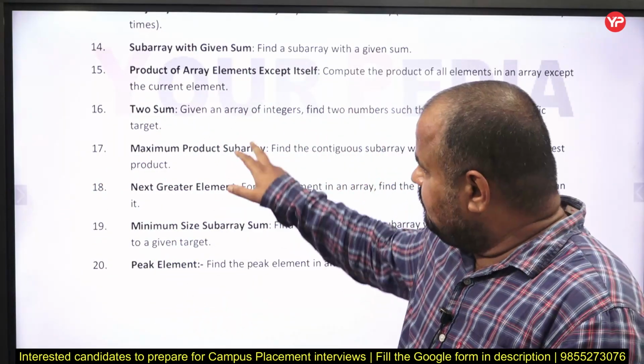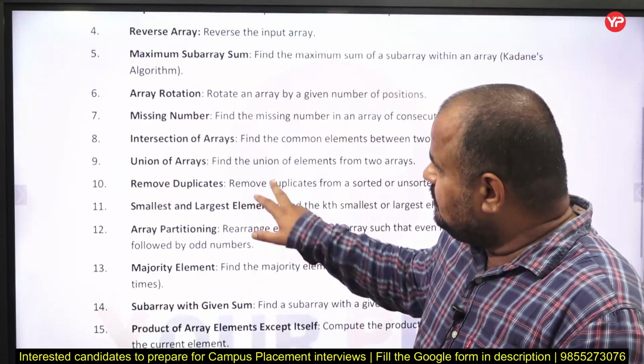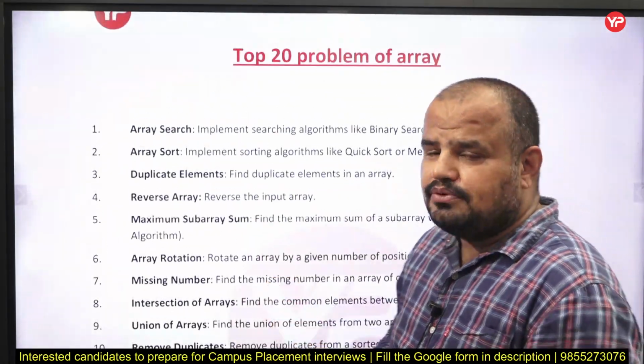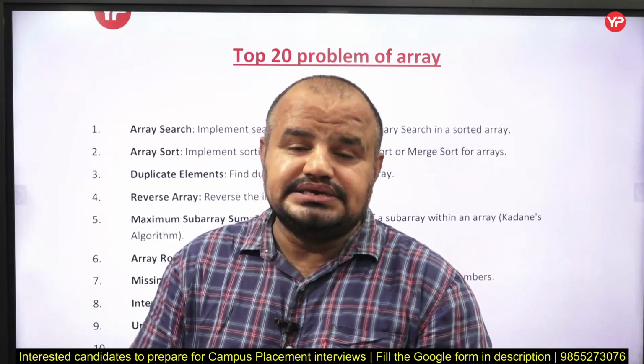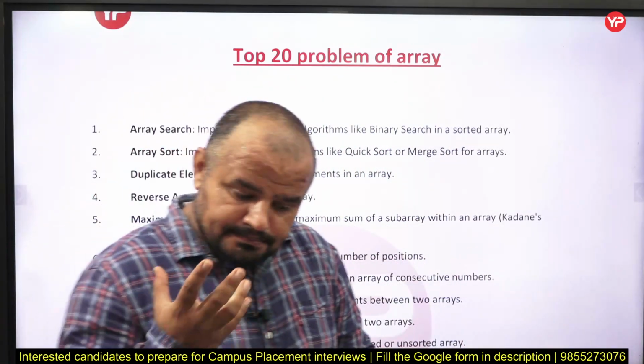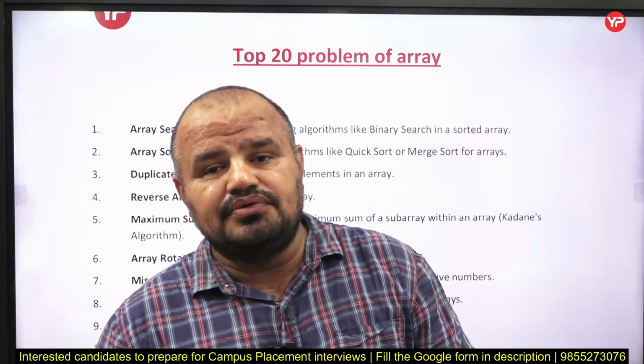So in this way, my dear students, these are the top 20 problems for these companies where you can easily get a package of 5 to 7 or 8 lakh.